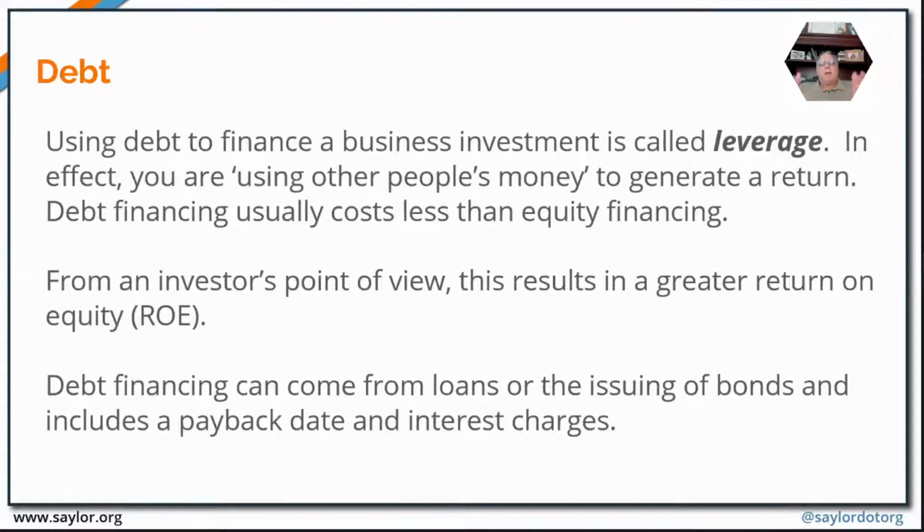Now, we said debt is using other people's money. We go to our local lender and we borrow a short-term or long-term loan. Debt is called leverage. Why? Because we're leveraging other people's money to make an investment and generate a return. Now, note that debt financing usually costs less than equity financing.